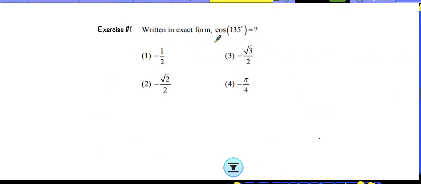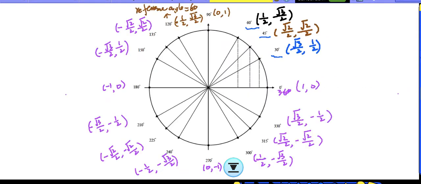We need to find the cosine of 135 degrees, and choose the right answer. For cosine theta, do not forget, the definition is the x coordinate. So we just need to look for the coordinates of 135 degrees. Let's go back here. 135 is here, so the coordinates are negative radical 2 over 2 for x.